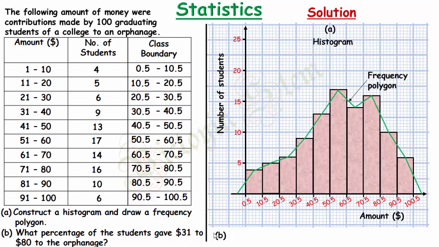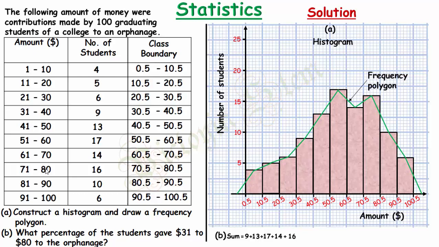So I'll write the sum of those that gave the amount of money from 31 to $80. So I have 9, which is the first value, then plus 13, and then I'll say plus 17, plus 14, plus 16, which is the last value from 31.